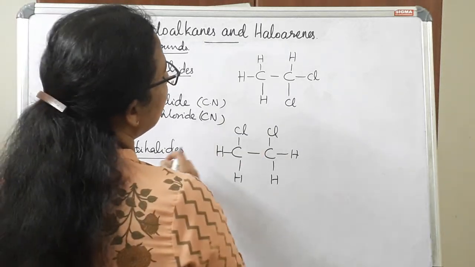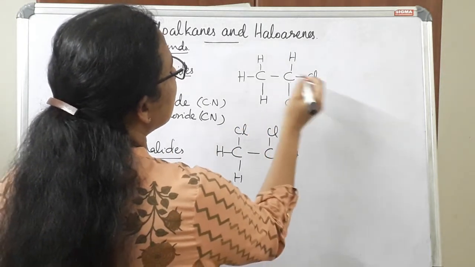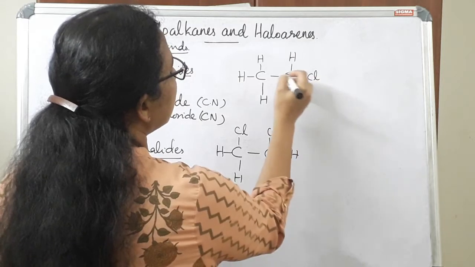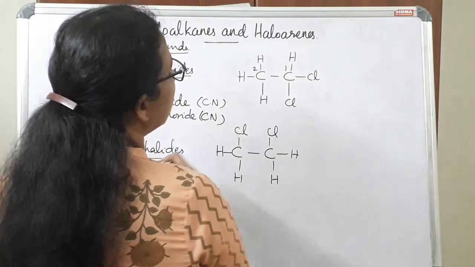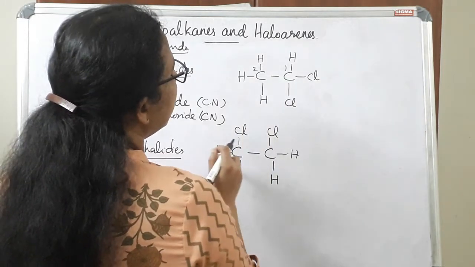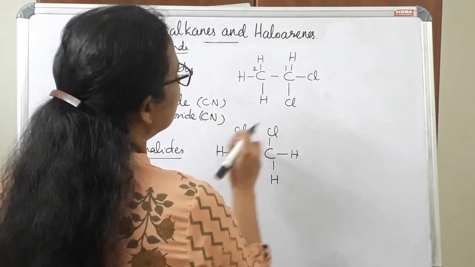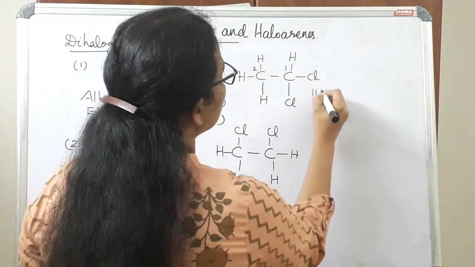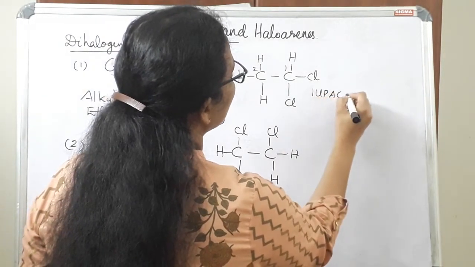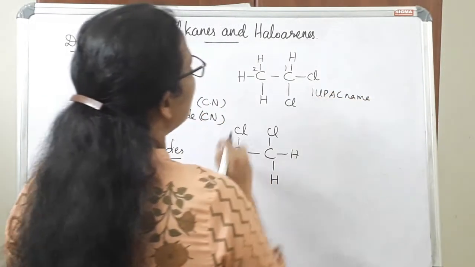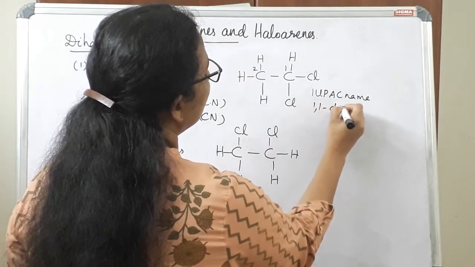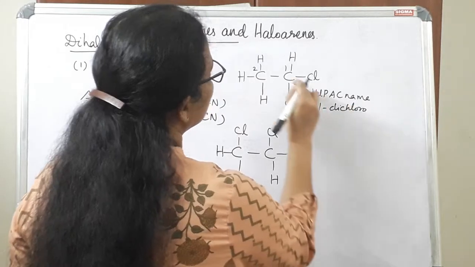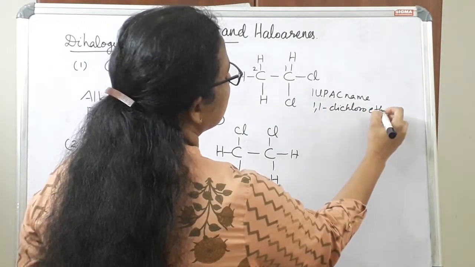So let us write the IUPAC name also. Since the chlorine atoms are attached to this carbon, it will be carbon 1 and this will be the second carbon. So the IUPAC name of this compound is 1,1-dichloroethane.